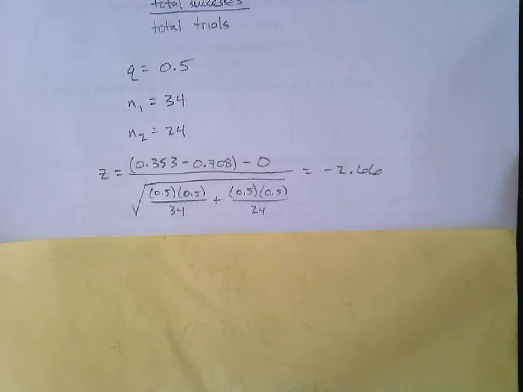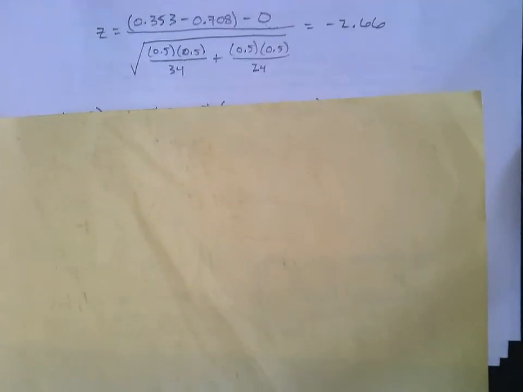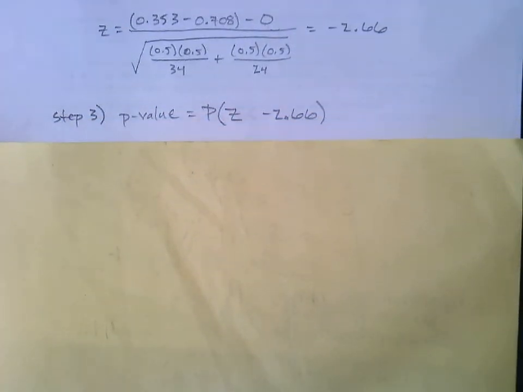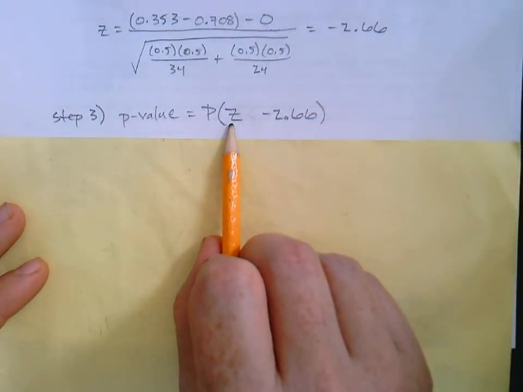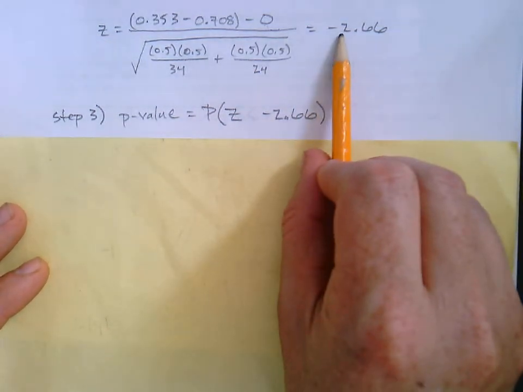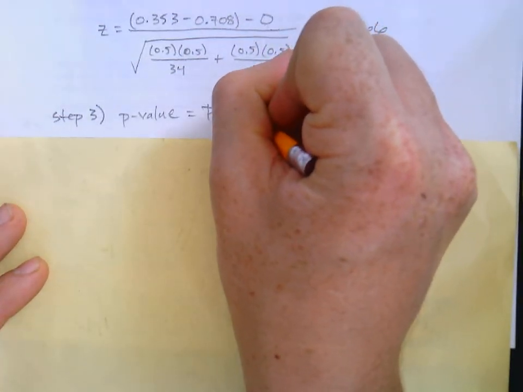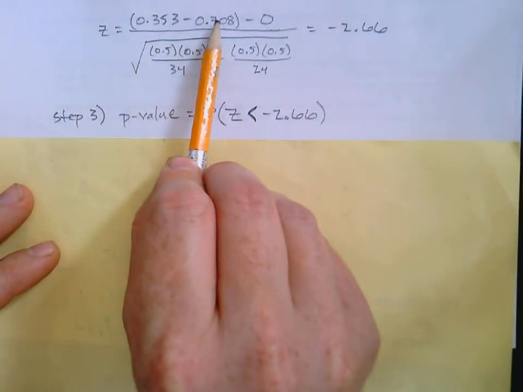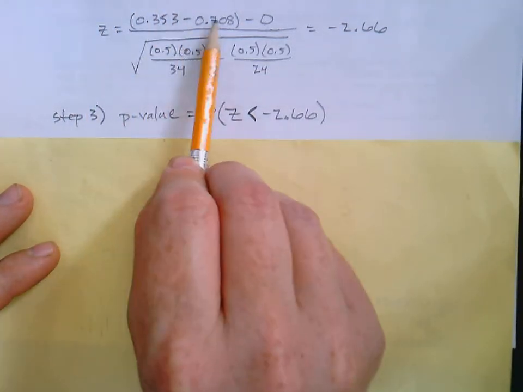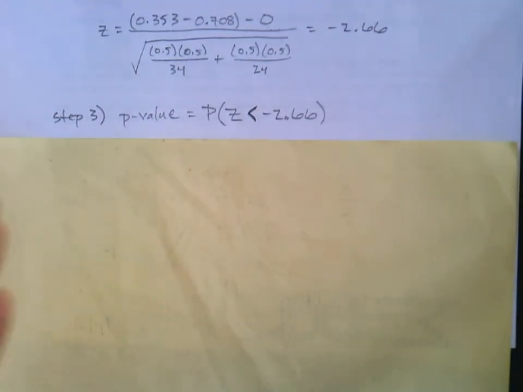Okay. Now that we have our test statistic, we're going to wrap this up pretty fast. The p-value. Well, we're going to use our Z calculator in StatCrunch. We got a negative value there, so we're going to use a less than. Right? This number was smaller than that number. Our group 1 was smaller than group 2. So we use a less than. We're on the left side of the bell curve.